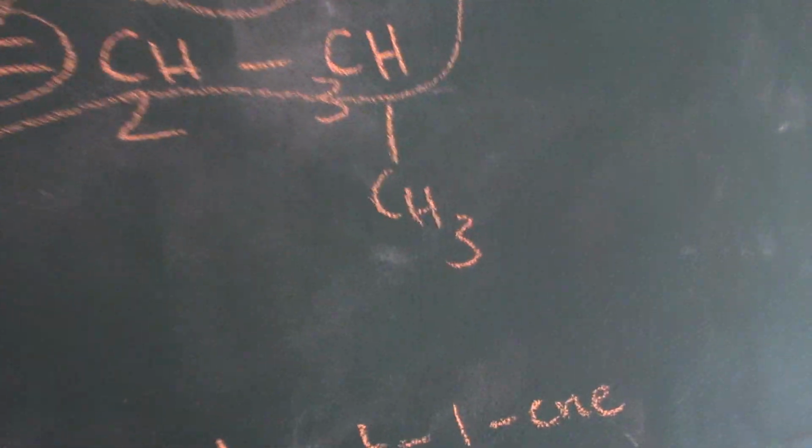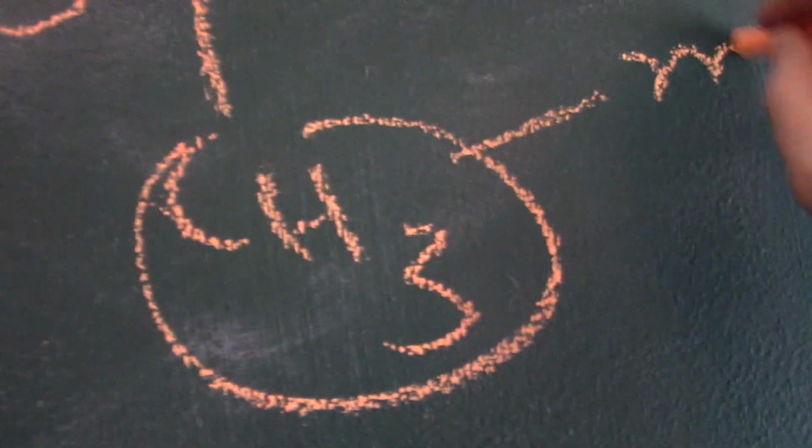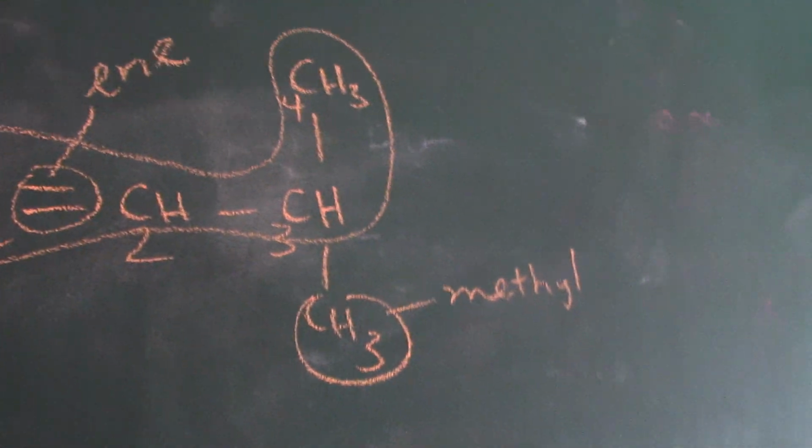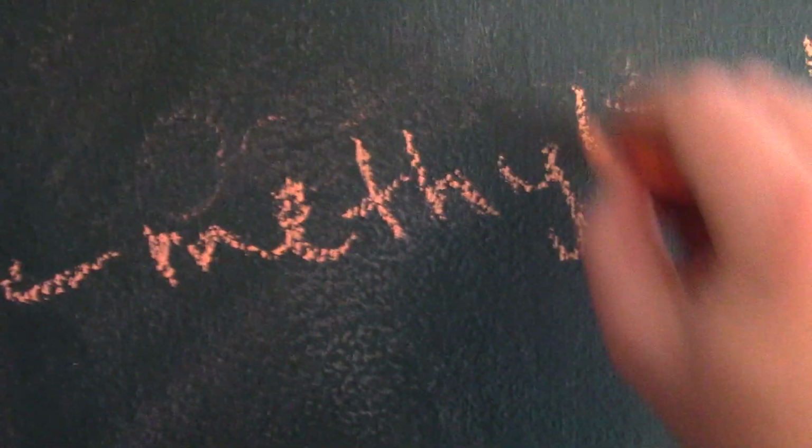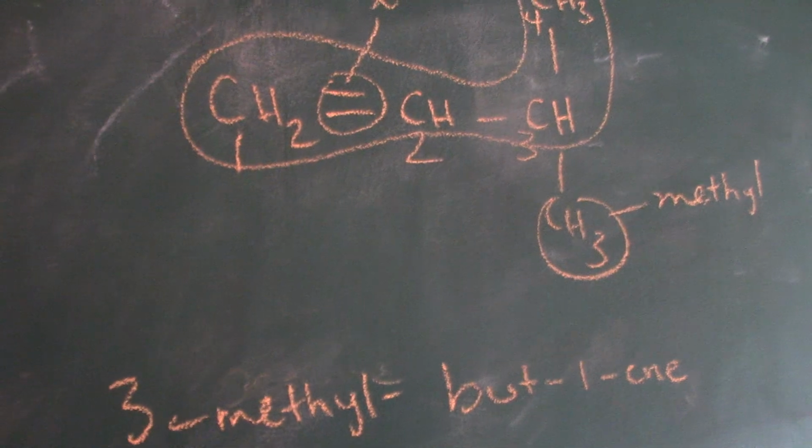And what I've got here is a methyl group. Okay, so then that's on carbon 3. So I name this 3-methylbut-1-ene. Okay, 3-methylbut-1-ene, and let's fill this one in as well.